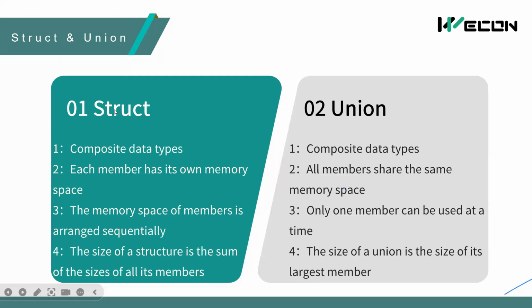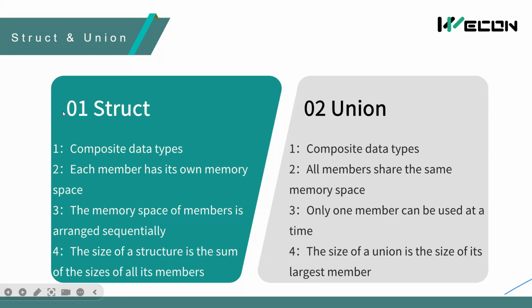First, both of these are composite data types. For a struct, each member has its own memory space, and the memory space of each member is independent. The size of the structure is the sum of the sizes of all its members.